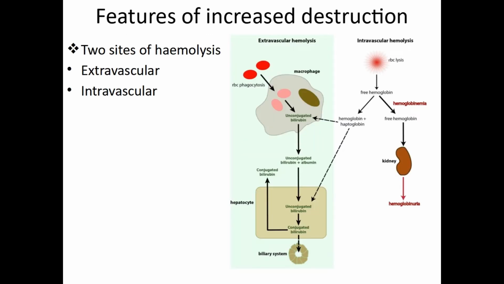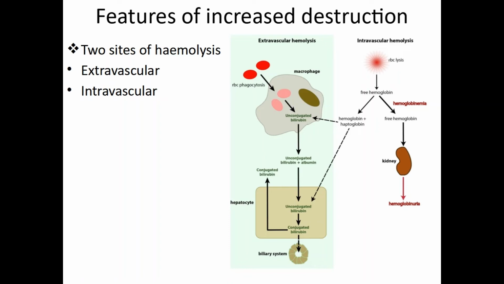The first component, features of increased destruction, has two sites or two mechanisms of hemolysis. The first is extravascular hemolysis, which is seen in normal individuals, and the second is intravascular hemolysis, rarely seen in normal individuals.